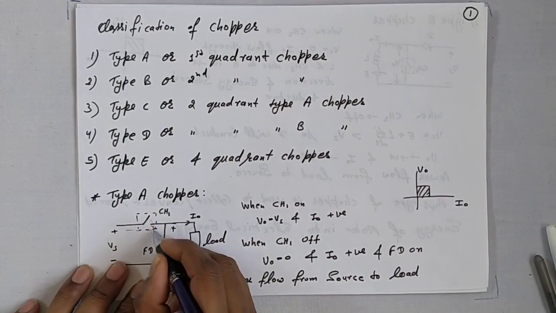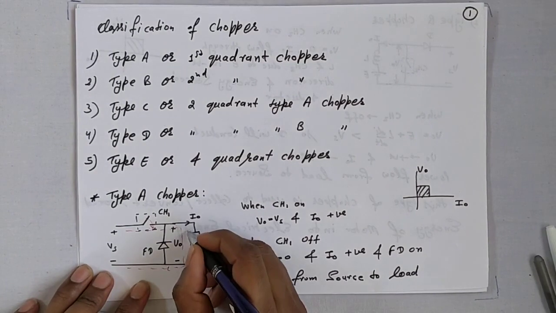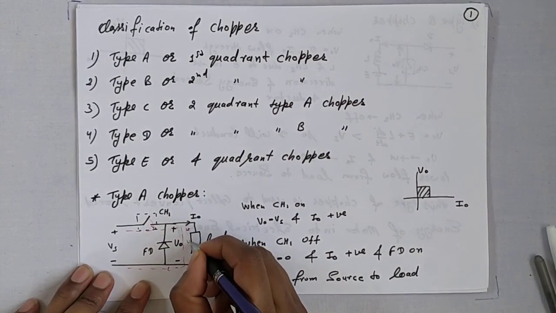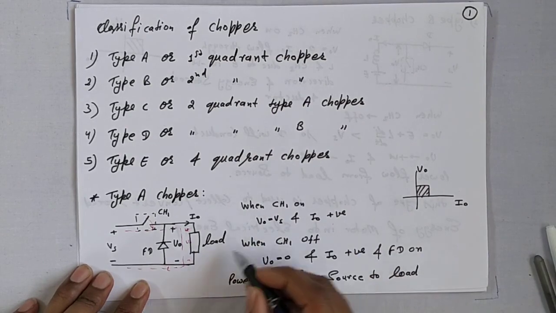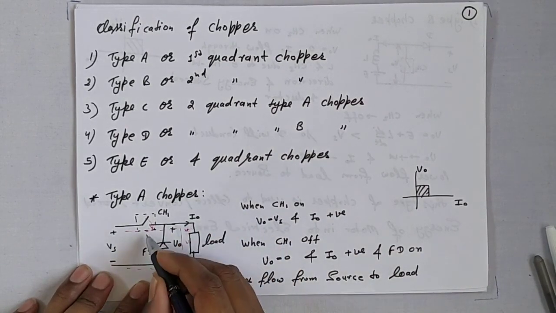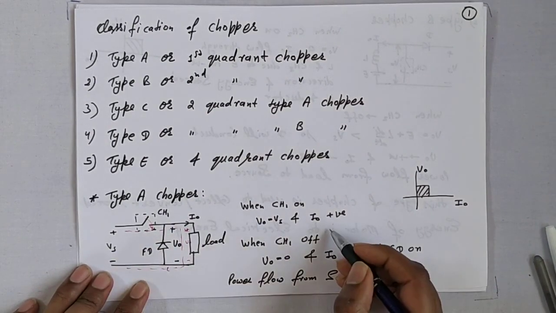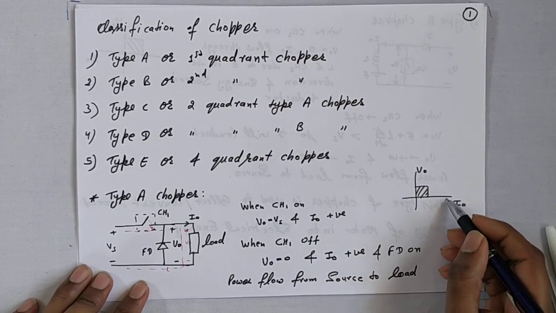Current will flow from here to here like this. Output plus V0 minus, so we see V0 equals Vs, and I0 is positive. Current is flowing in this direction, I0 is positive.